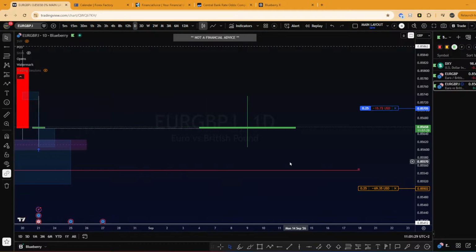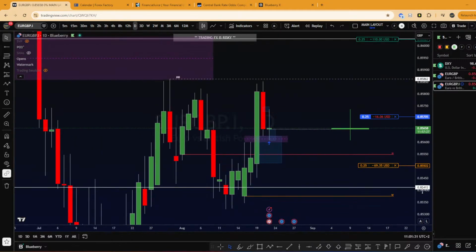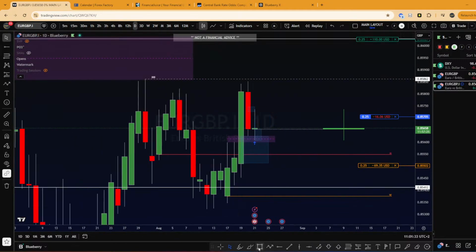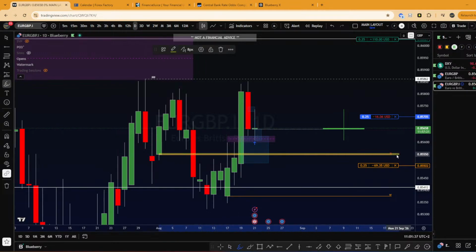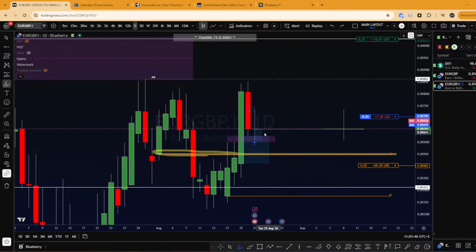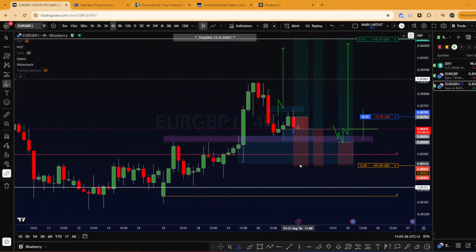Yeah, this zone, this monthly open, this is the zone I don't want price to close below. Okay, we could reject, this will be okay, but a close below this monthly open will not be good.